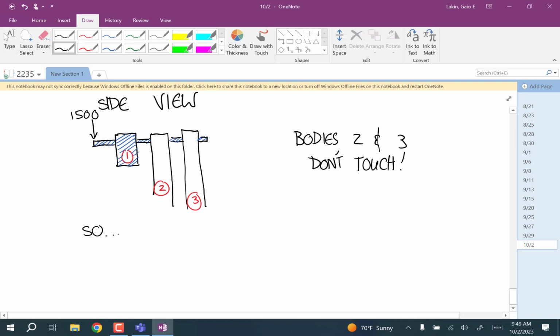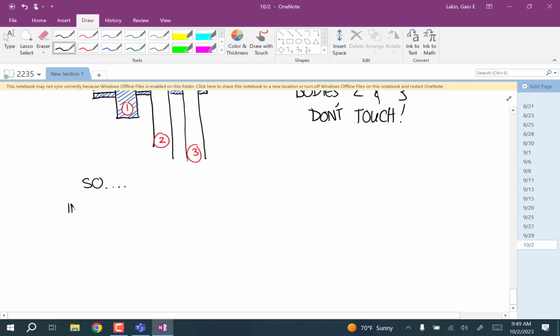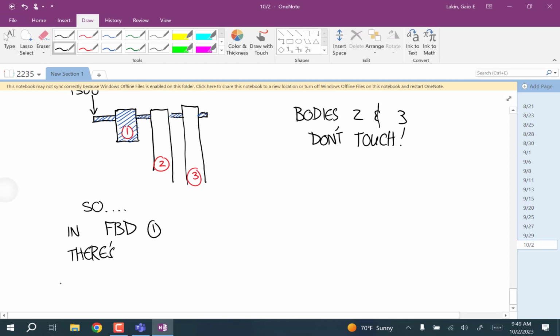So, in the free body diagram of body 1, there's a 1500. There's an F12, and there's an F13.